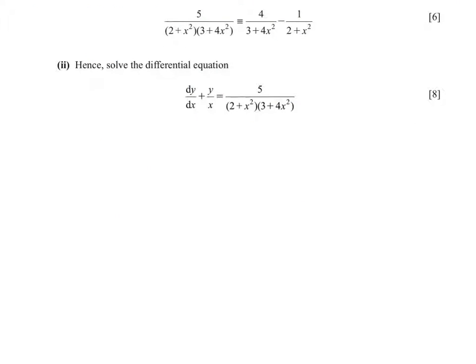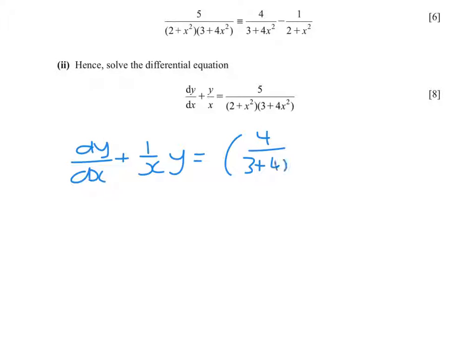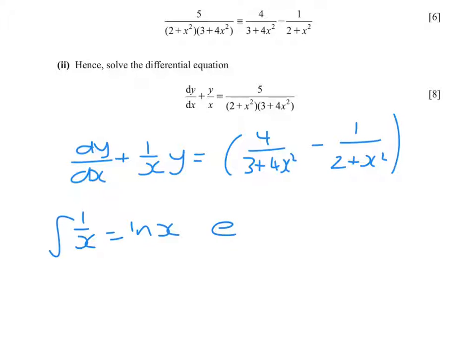So if we now take this, we have dy over dx plus 1 over x times y equals 4 upon 3 plus 4x squared minus 1 over 2 plus x squared. We now need to integrate the coefficient of y, and if we integrate 1 over x, we get ln x, which means that we want to multiply through each term by e to the power ln x, which is x.